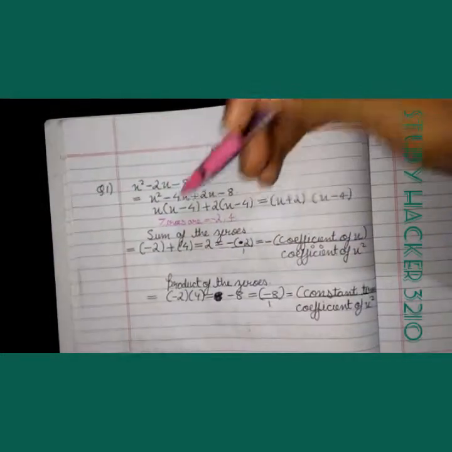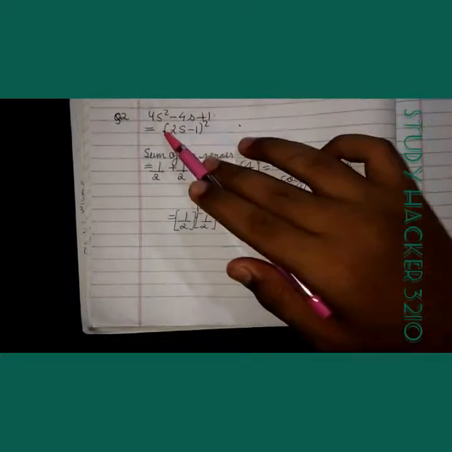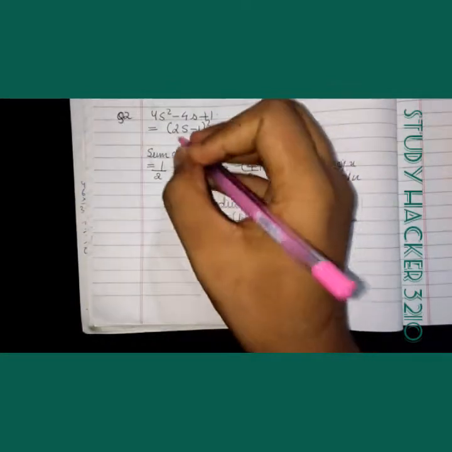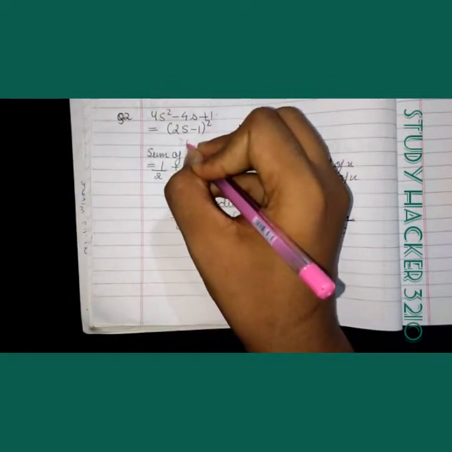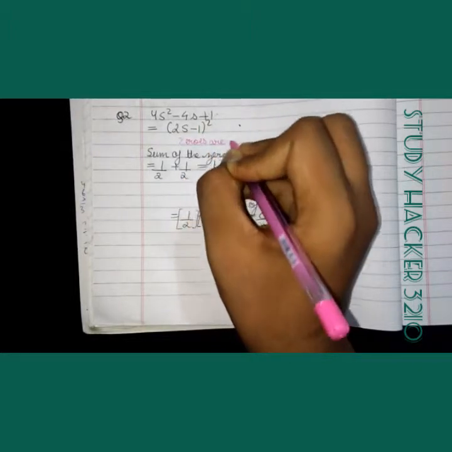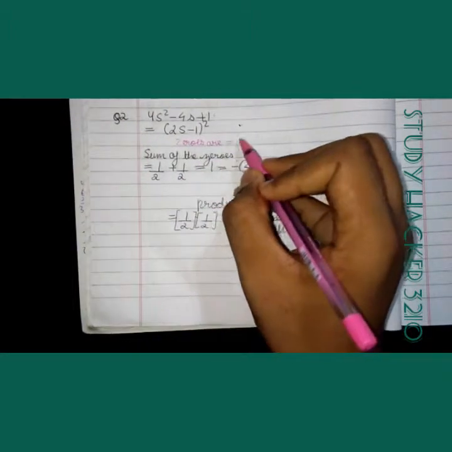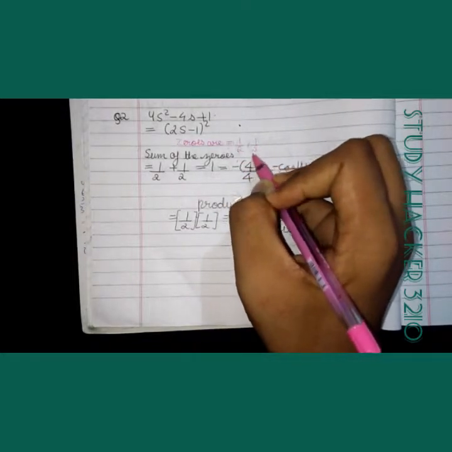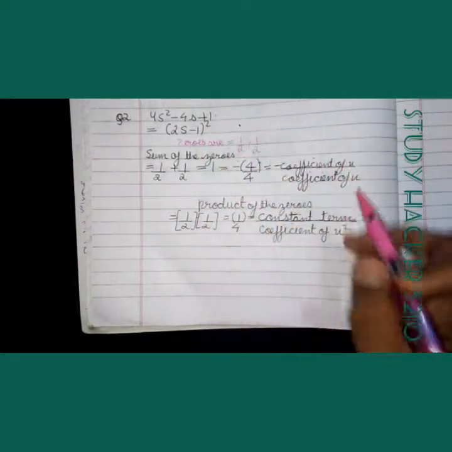Now we will move on to the second question. Here is question number 2, 4s square minus 4s plus 1. As we can see, it is a perfect square of 2s minus 1. So the zeros will be 1 upon 2 and 1 upon 2, as it is a square.